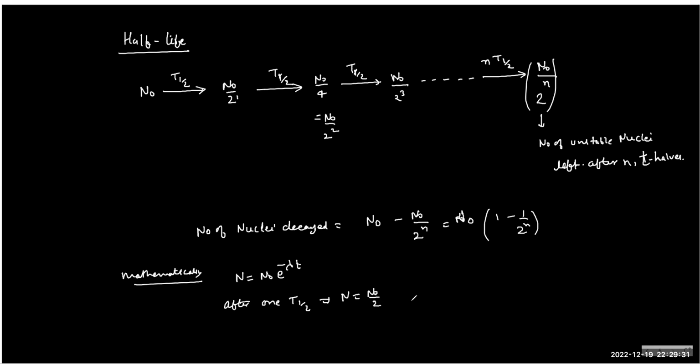So N naught by 2 equals N naught e to the power minus lambda T half. The N naught will get cancelled, so you can write the famous formula: e power lambda T half is 2, so lambda times T half is ln 2.